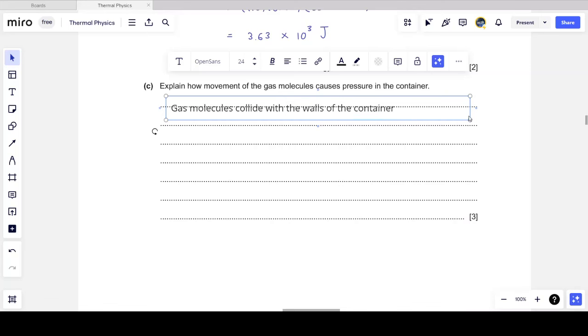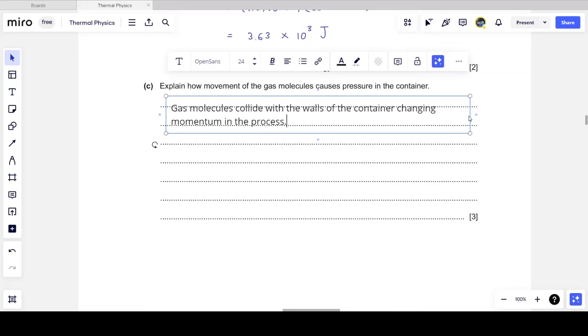That doesn't tell us immediately that there's pressure, but what it does tell us is that the momentum changes in the process. So the gas molecules collide with the walls of the container, but if they strike the wall and come back in the direction that they were initially traveling, or opposite to the direction in which they were originally traveling, then the momentum changes.